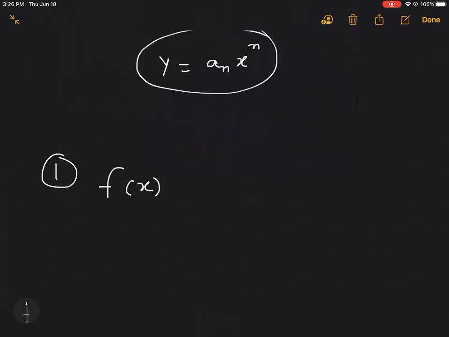Okay, so let's take this polynomial: x to the 5 plus ax cubed plus bx squared minus 2x plus 3. This is a polynomial, and we want to see how this graph looks.